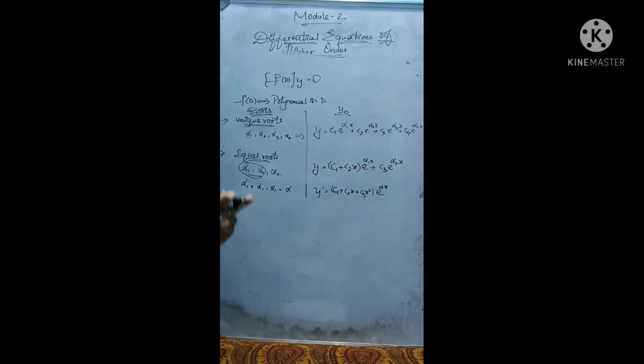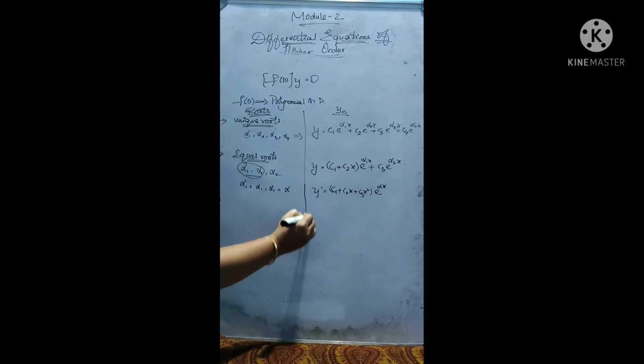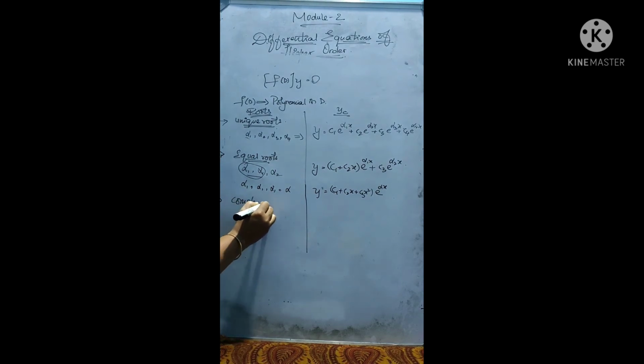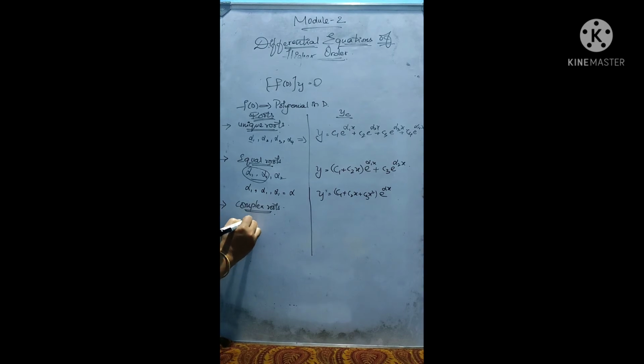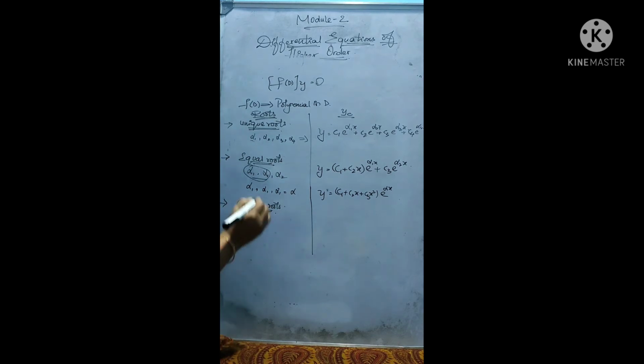Okay, so we also have one more type, that is not real roots, complex roots you call them. So if in case you have complex roots, usually given by alpha plus i beta, plus minus basically we get.